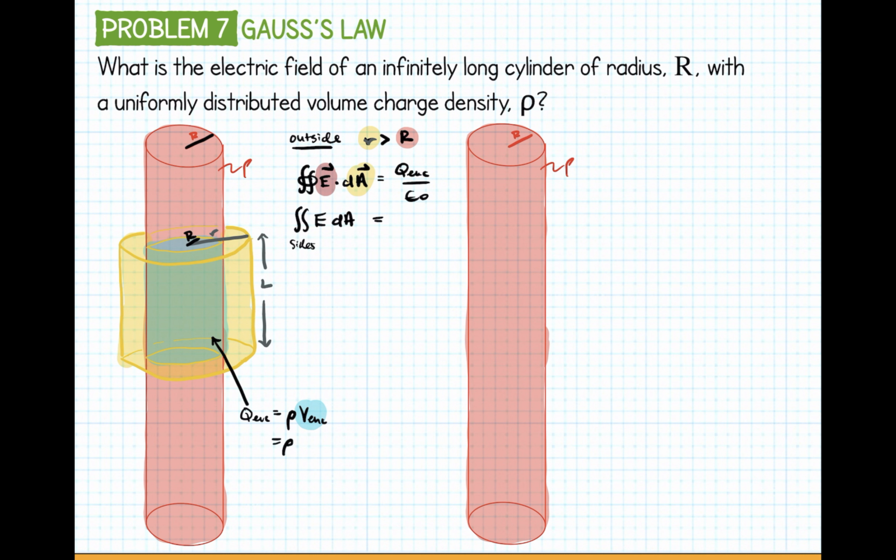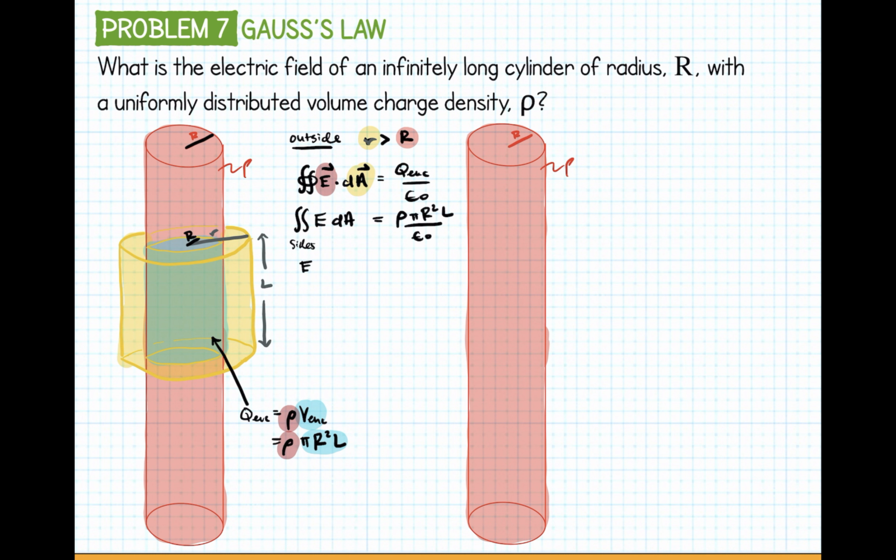So we have rho, and then we have pi big R squared times L, and that's the blue part. And then the rho comes from the red. Okay, so our Q enclosed ends up being rho pi capital R squared L. And it's very important that it's capital R because it's not little r. Little r encloses more than just the cylinder.